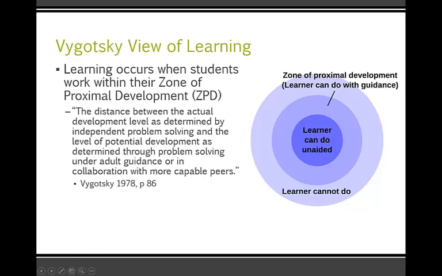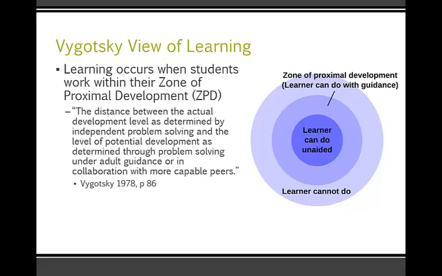Cognitive change only occurs when a student is working within their ZPD. Okay, that's really important. While Piaget said cognitive change only occurs when I have disequilibrium, Vygotsky is saying cognitive change only occurs when I'm in my ZPD.